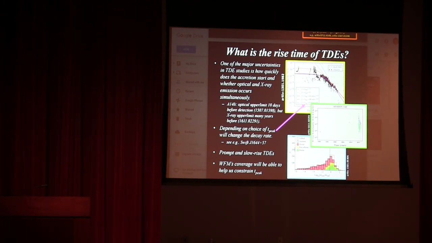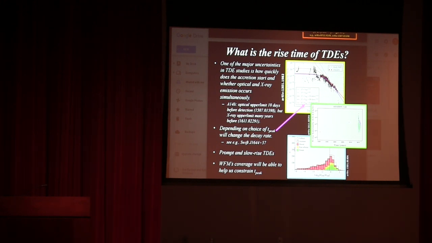Most of the time, we've got reasonable constraints in optical wavelengths, but for X-rays, it's not clear how quickly you get to peak from tidal disruption events. Usually we only have upper limits from many years beforehand.